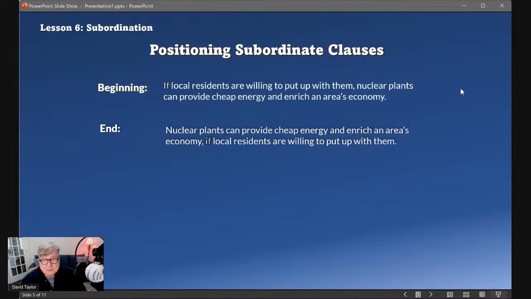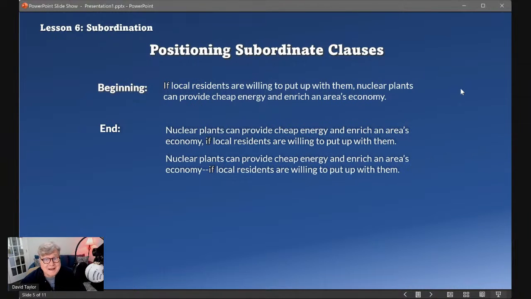Nuclear power plants can provide cheap energy and enrich an area's economy if local residents are willing to put up with them. So now we've got the big if placed at the end, which now casts doubt upon all the great things that nuclear energy promises. And we can make that if even more dramatic with a dash, which requires a half-second pause as opposed to the comma's quarter-second pause.